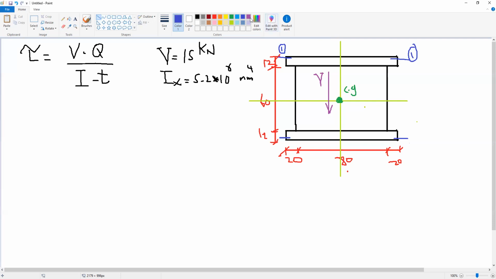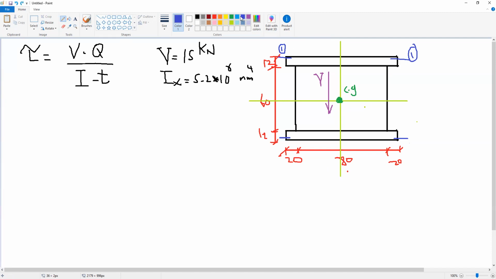Again, our next cuts should be before and after any change of the shape of the cross section. So here at this level, the cross section was 120 in width and then becomes 80.